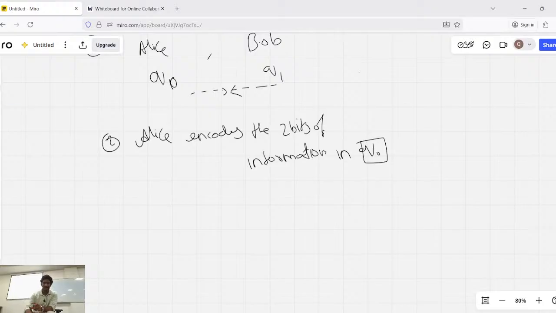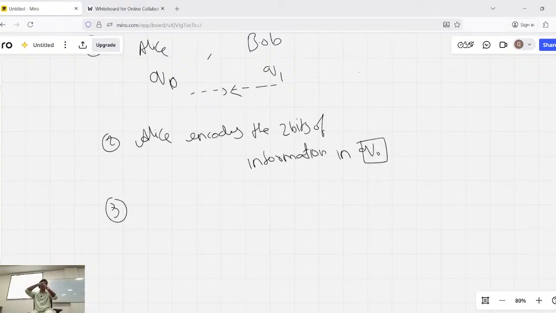The third step is after encoding. Initially Alice has Q naught, and she wants to send 2 bits of information. So she will encode these 2 bits of information into her qubit, based on what she wants to send.